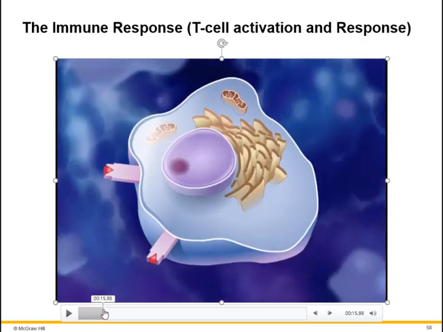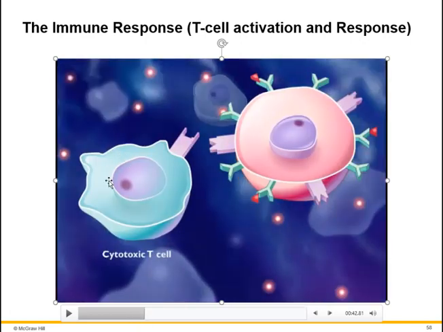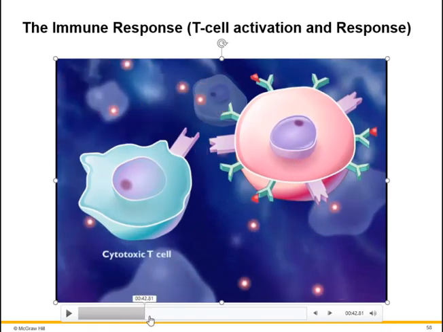First of all, an antigen-presenting cell presents the antigen to the T helper. So this is going to be an MHC2, which is going to activate a T helper with a CD4 marker on the cell. And once that happens, it's going to stimulate cytotoxic T cells and B cells with interleukin-2.